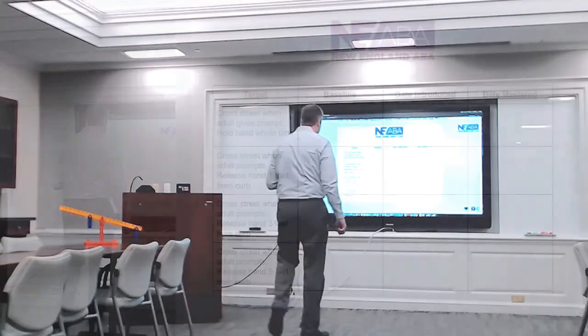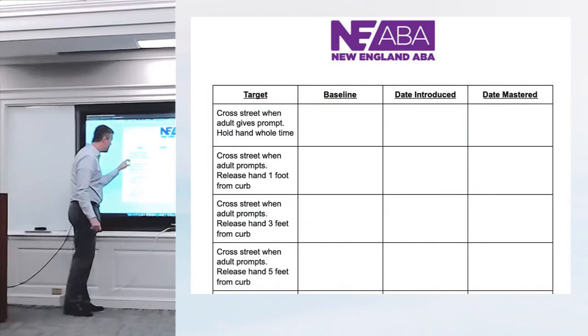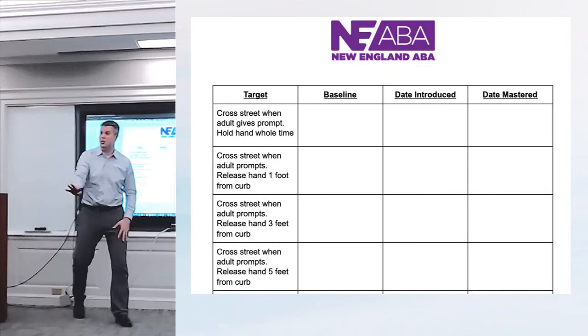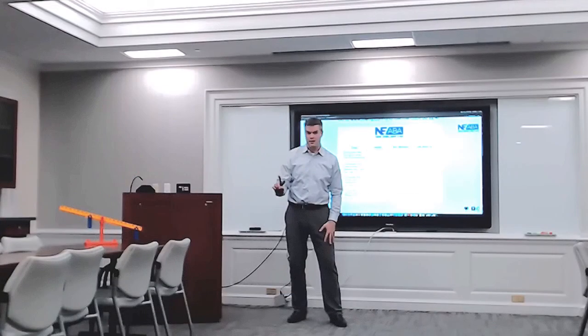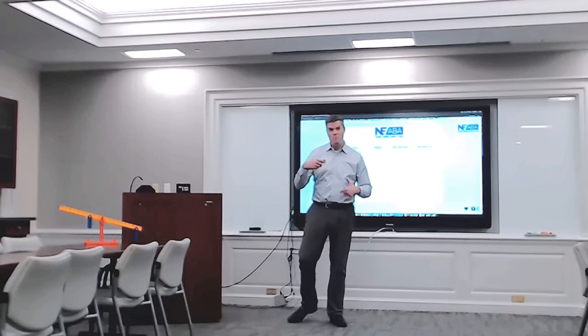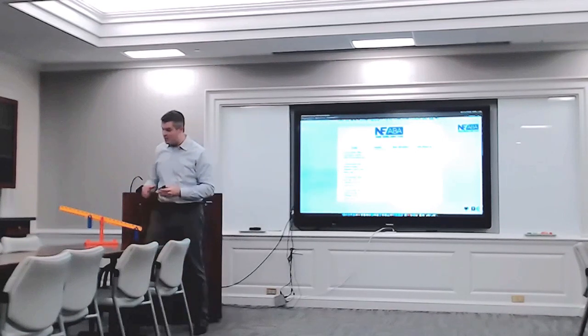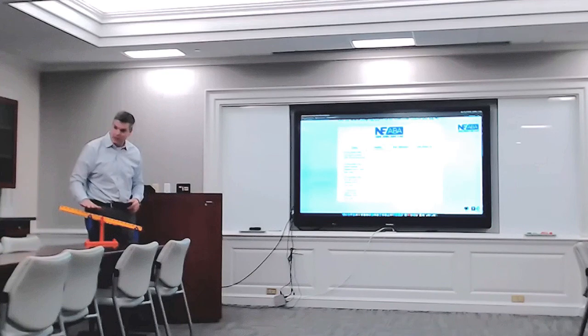And then, once I master this, and now I move on to, I'm still crossing the street with the prompts from the adult, but now the adult's releasing their hand 1 foot before we get to the curb, right? I'm building upon that last target that I had, but I'm still keeping the effort relatively low, okay, as I'm building that pathway in the brain.